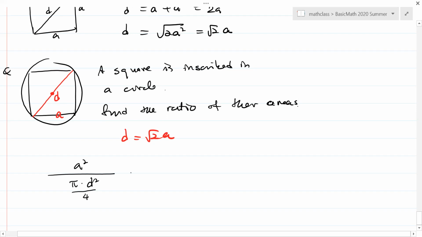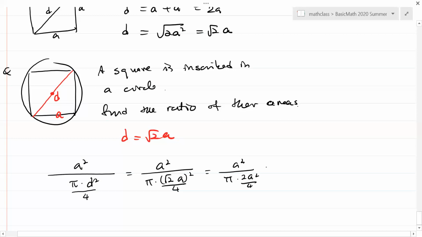Then that's A squared, here's pi. D squared is 2 times A squared, so that's 2A squared. Then you simplify it, and that's going to be 2 over A squared over 4, right?